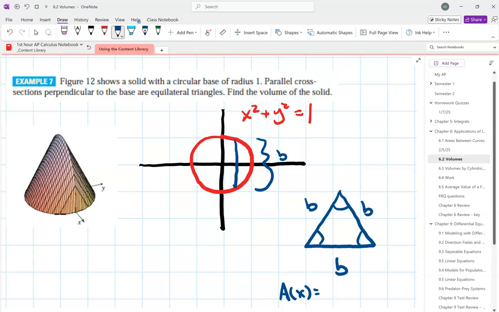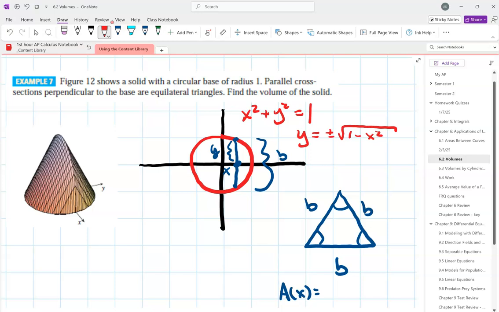So if I do that, this spot is just some x, and that distance there is going to represent a y, right? Everybody feel okay there? So if I rewrite this equation in terms of y, I have that.